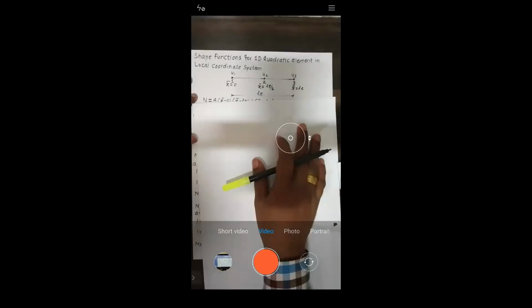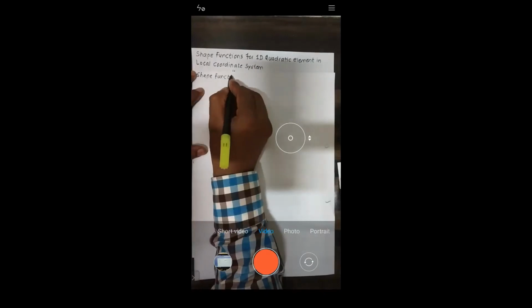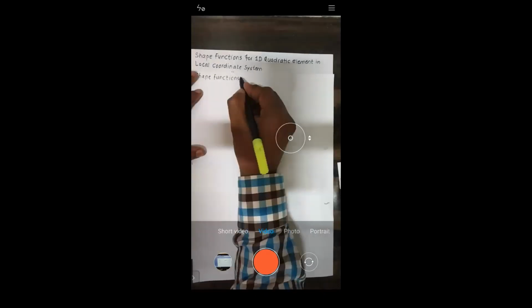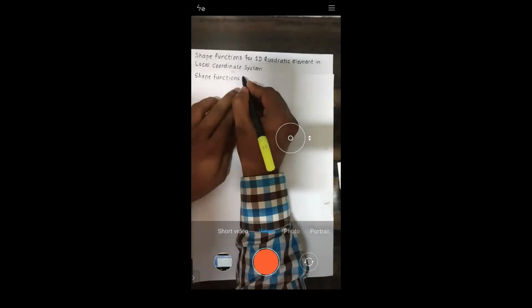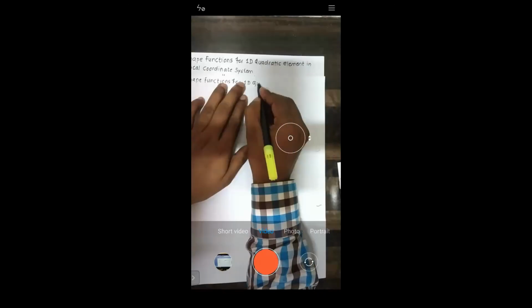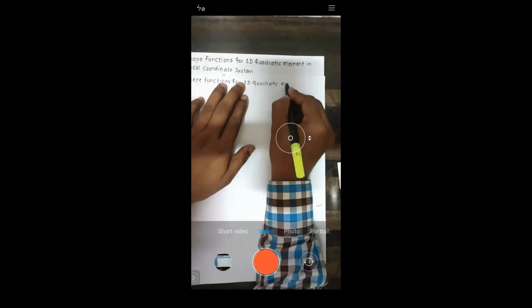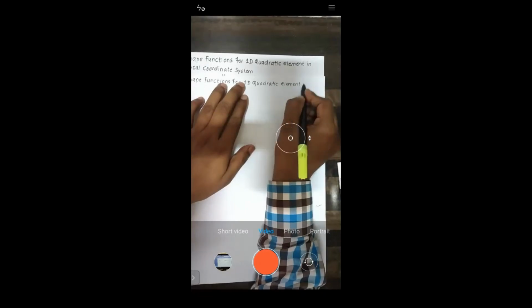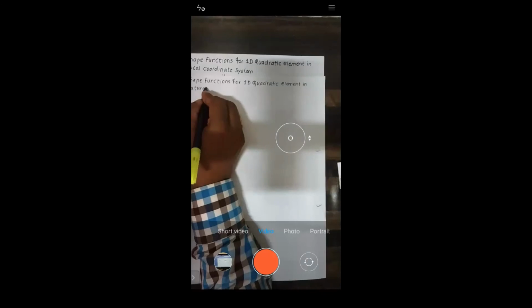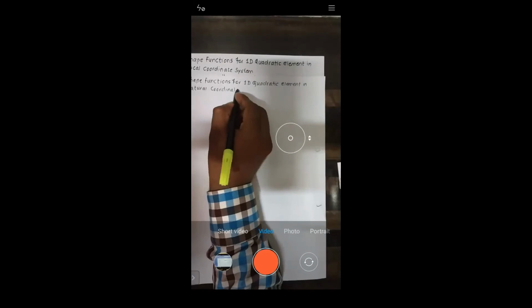So, shape functions for 1D quadratic element in natural coordinate system.